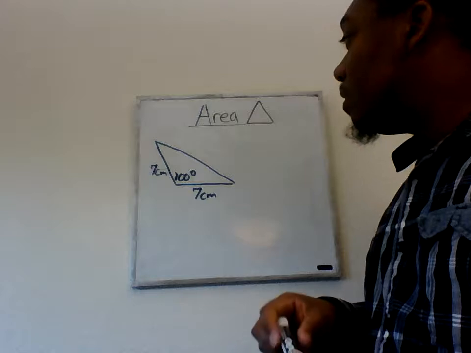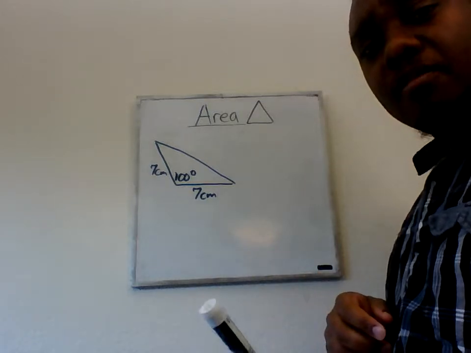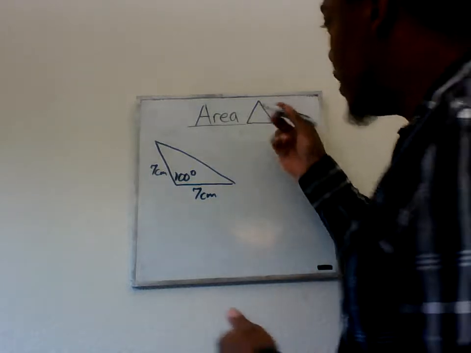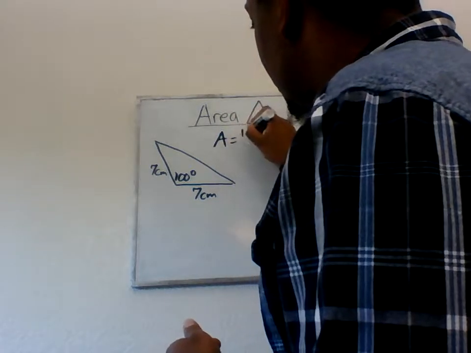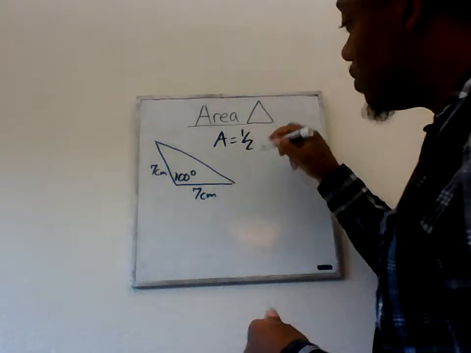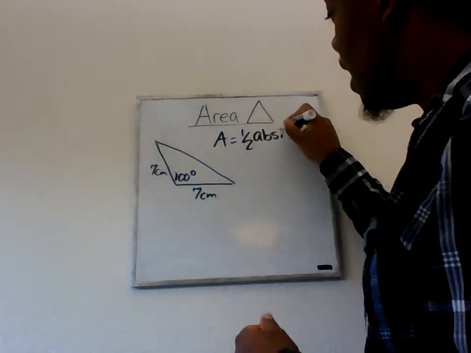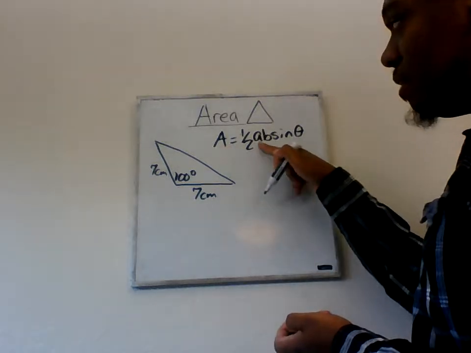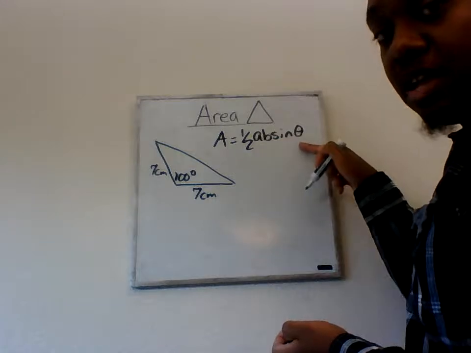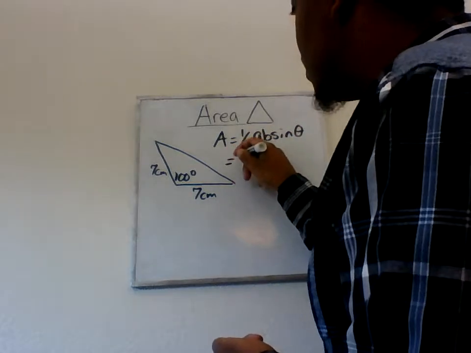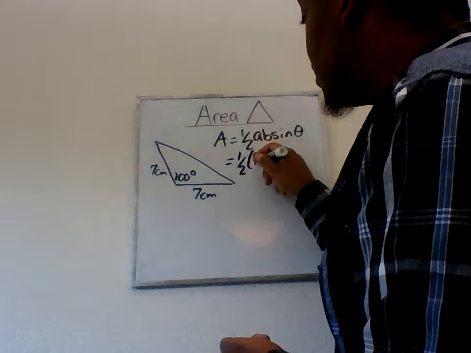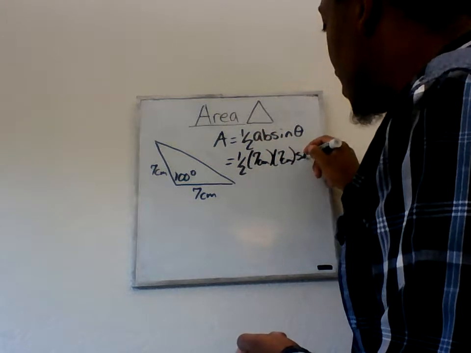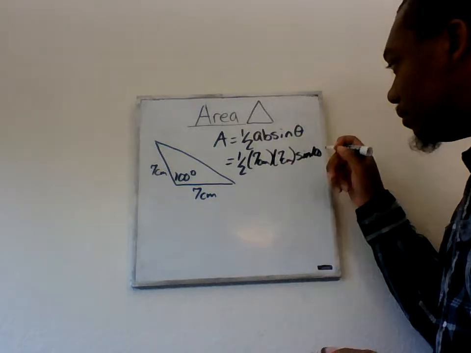So how would we find the area? What could we do? Oh, that's right. We just derived a new formula. Area equals 1/2 times the product of the two sides times sine of the angle between them. So that means it's going to be 1/2 times 7 centimeters times 7 centimeters times sine of 100.